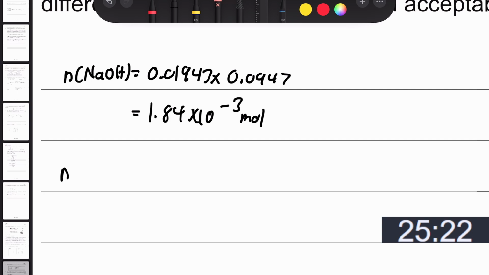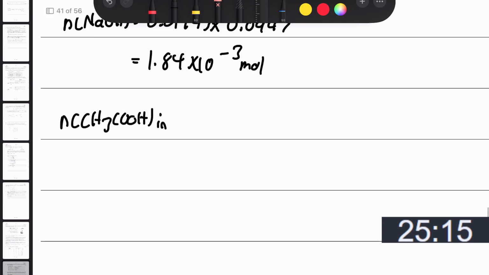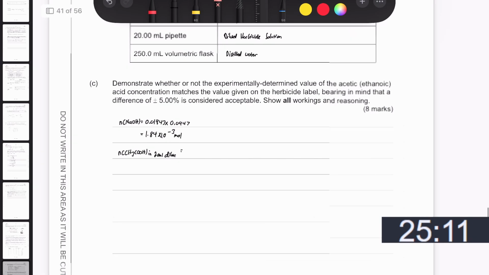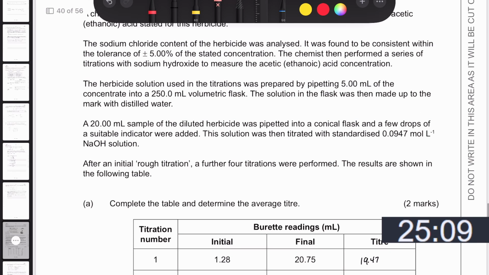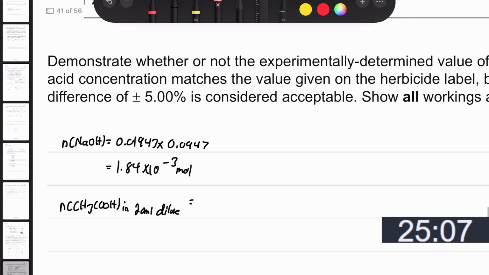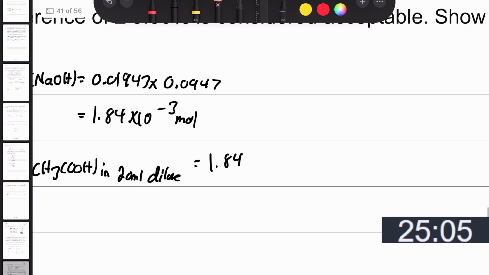So the number of CH3COOH in 20 milliliters of dilute is equal to 1.84 times 10 to the negative 3 moles.